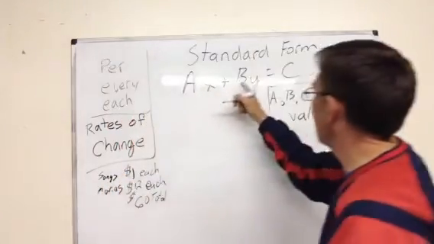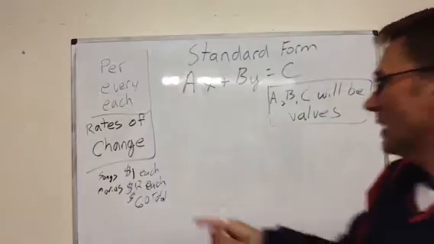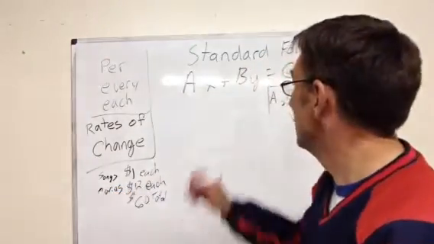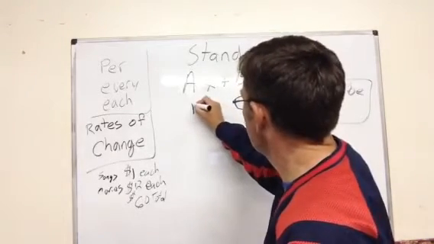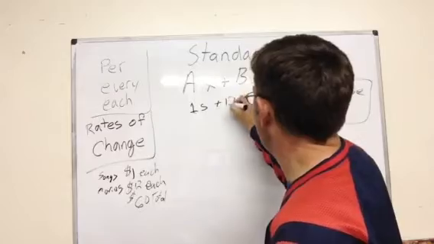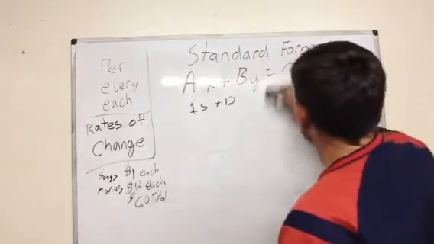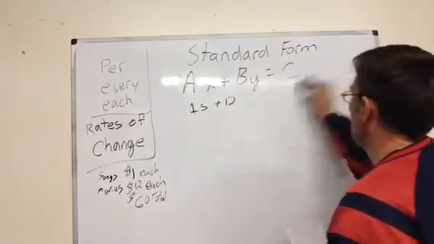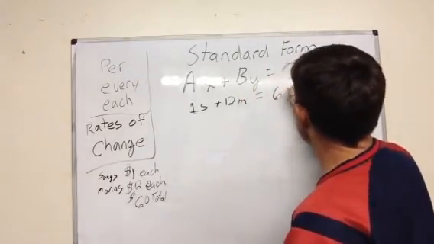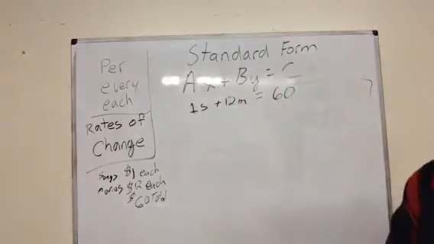Instead of x and y, I'm going to use s and m: S for songs, M for movies. So it's going to be 1 times S plus 12 times M equals 60. There's our equation.